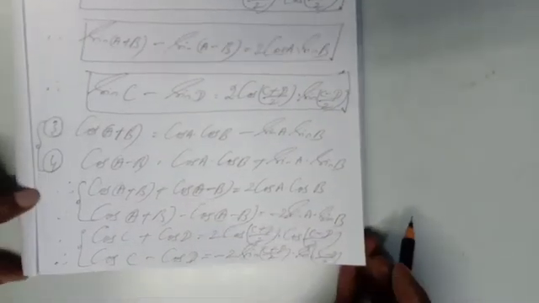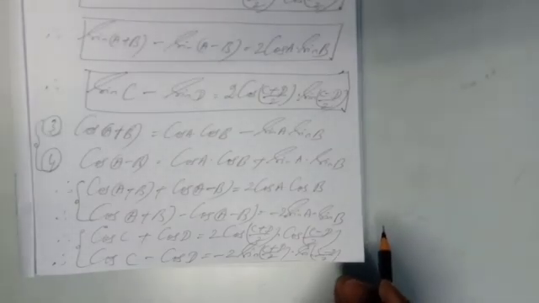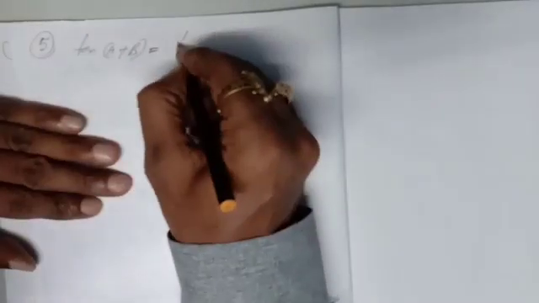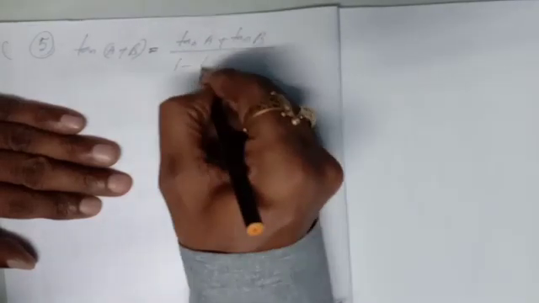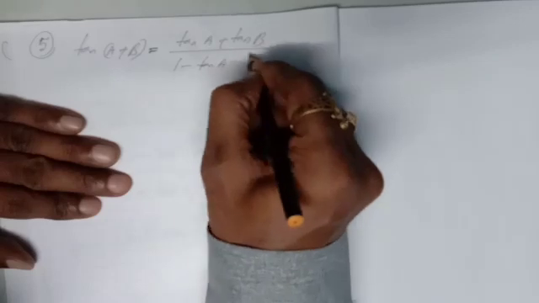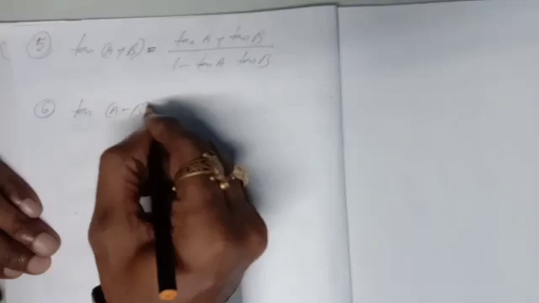Next, I am going to write the tan(A plus B) formula. That is number 5 formula. Tan(A plus B) is tan A plus tan B divided by 1 minus tan A into tan B. Number 6, I am writing tan(A minus B).